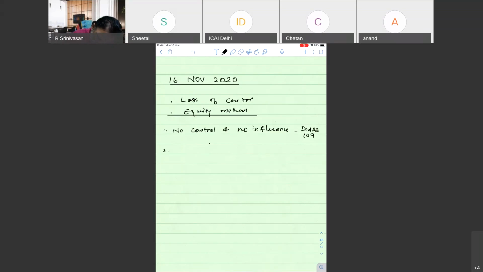Right. And the second one is no control or power, but can influence significantly. So here we will be applying Ind AS 28.